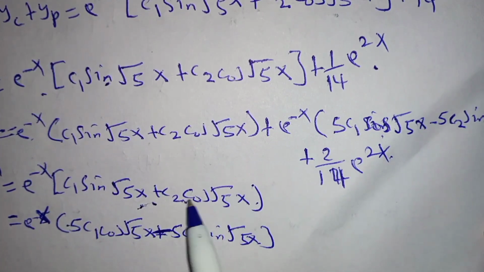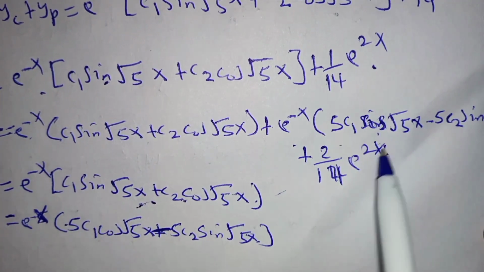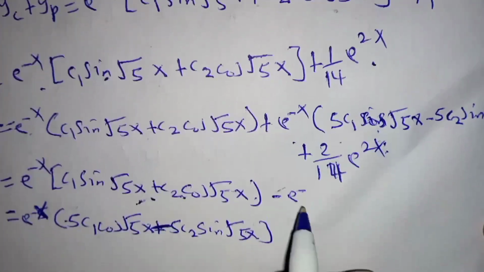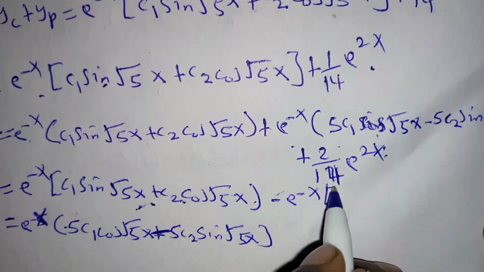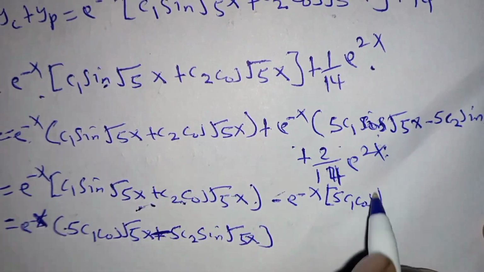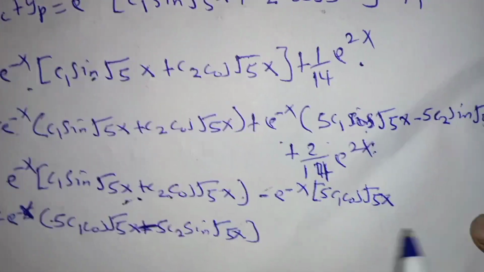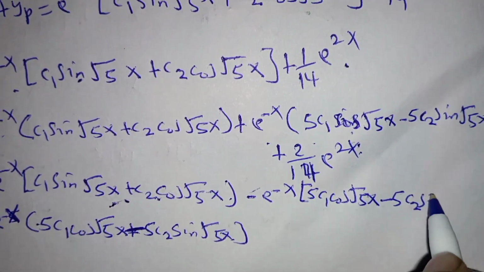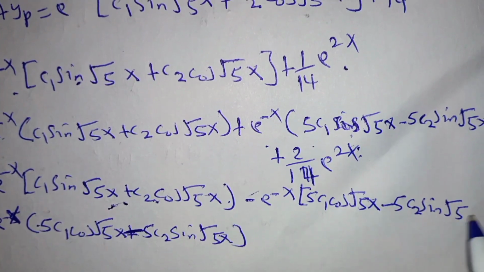Then you come to this other part here and differentiate it, so you will have minus exponential negative x into bracket root 5 c1 cos of root 5x minus root 5 c2 sine of root 5x.